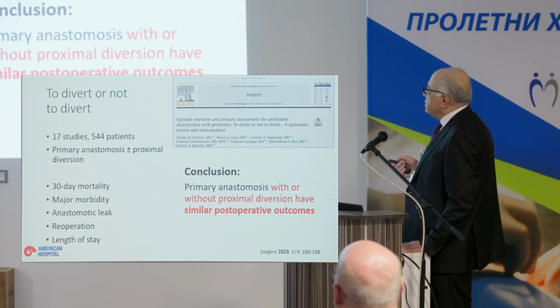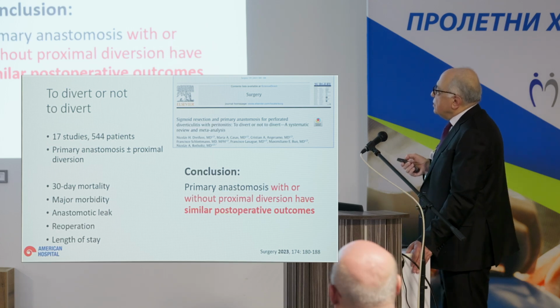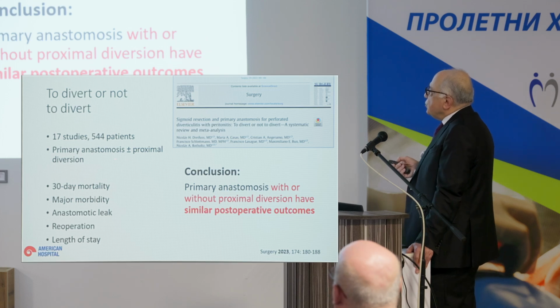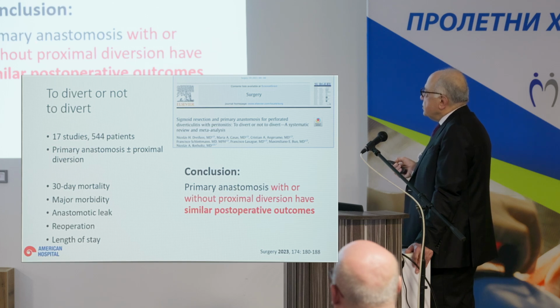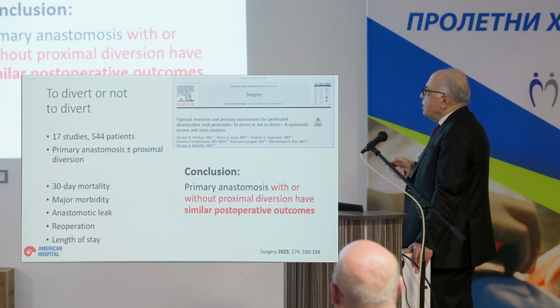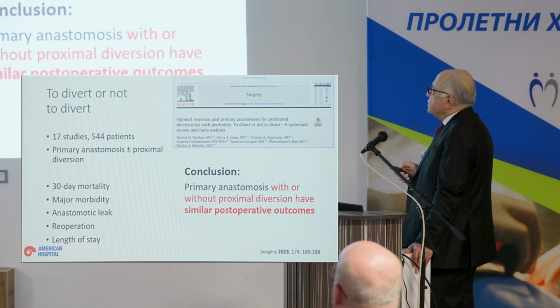In this meta-analysis, 17 studies and more than 500 patients were included, and they compared proximal diversion or not in this group of patients. In conclusion, primary anastomosis with or without proximal diversion have similar postoperative outcomes. That means that you may omit proximal diversion in this group of patients.